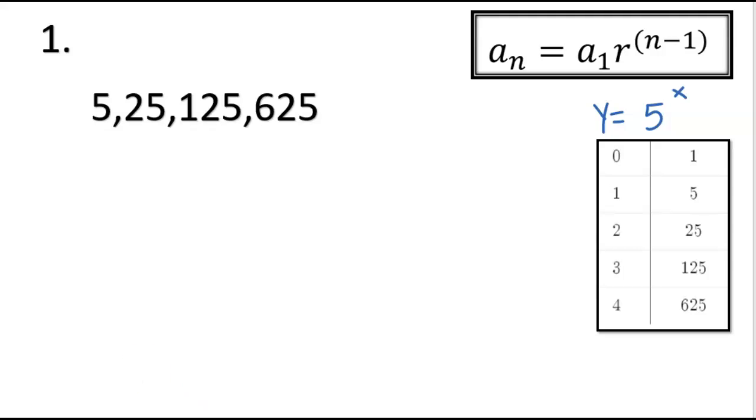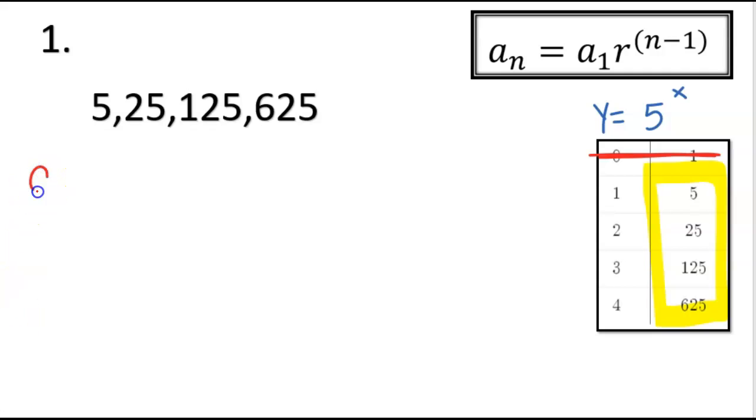So when we have a geometric sequence, do you see that that's the part we're looking at? When we have a geometric sequence, we do not look at the 0 term, the y-intercept term. We start with the first term. So, how do you use the rule?